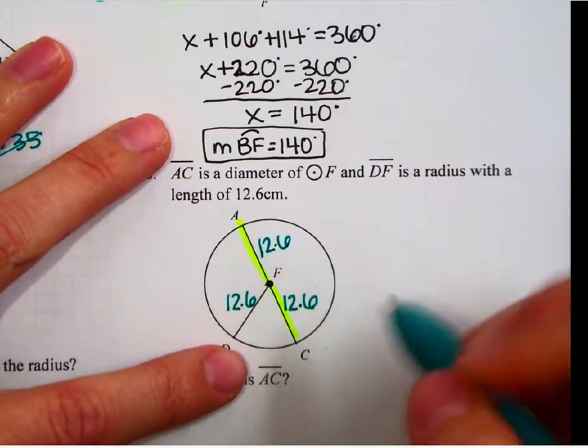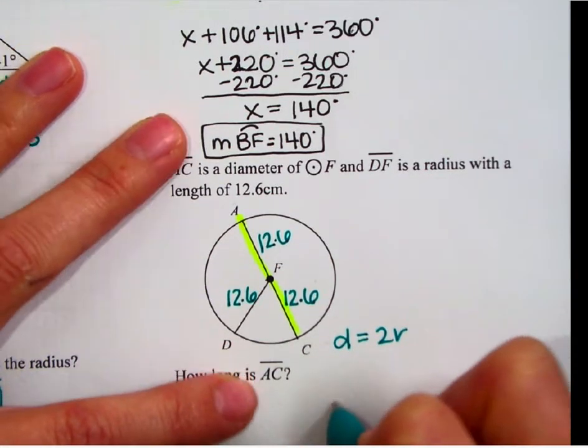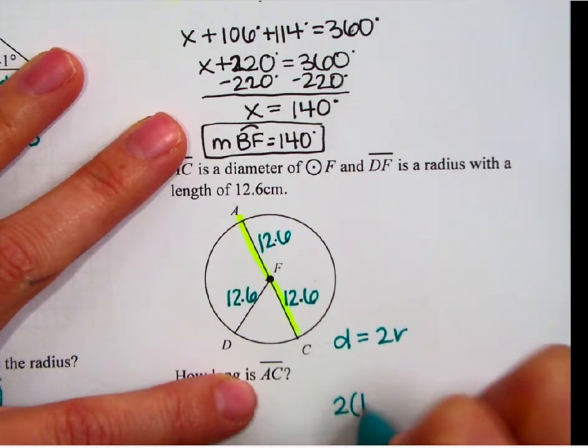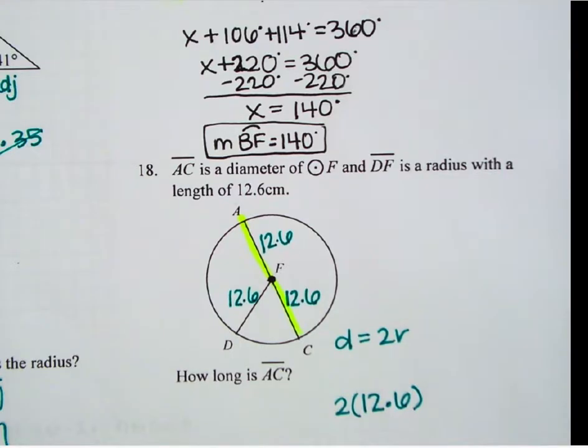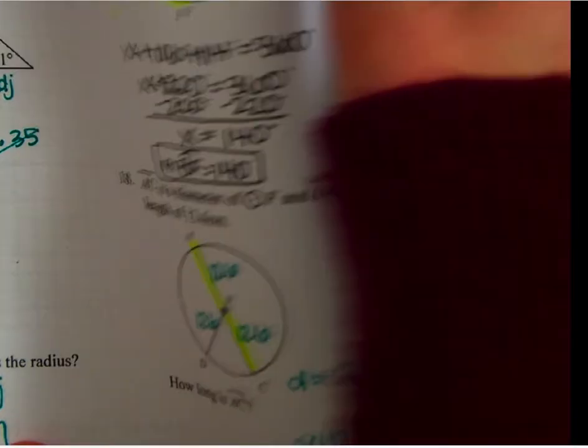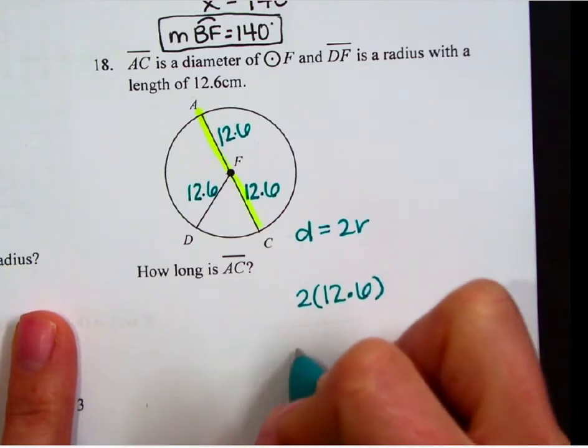So to find the diameter, you just double the radius. So it's going to be 12.6 plus 12.6, or 2 times 12.6, and 25.2 is the measure of that segment AC.